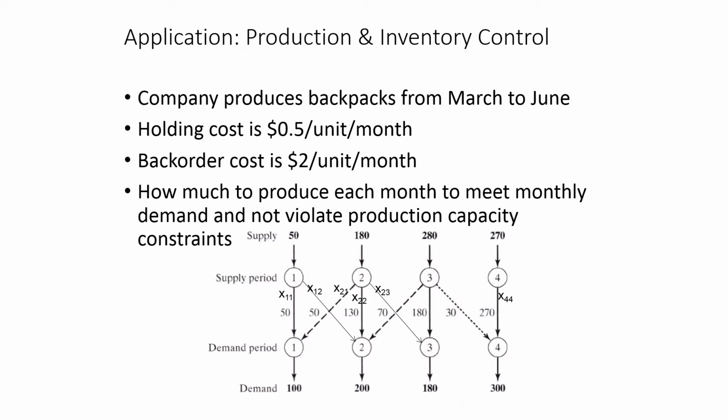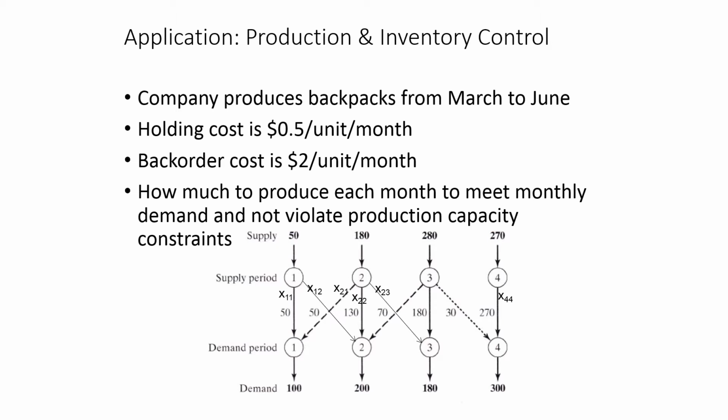The cost of production of these backpacks is $40. So how would the transportation table look like in this case? We have here the supply S_i, and we have the demand D_j, and we have 4-month supply and 4-month demand.